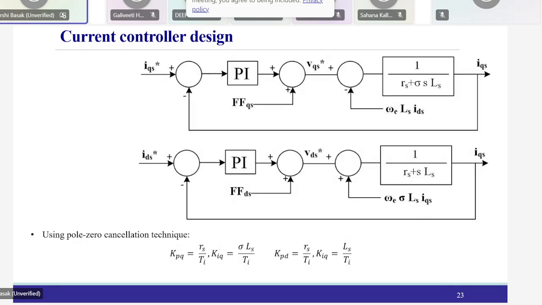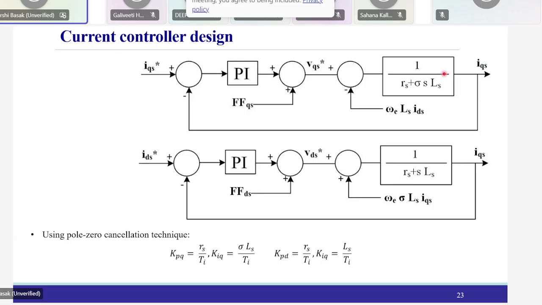And now we try to see the current control loops. Okay. If we adopt this current controller, you take IQS reference, you take the feedback from IQS, you apply a PI, you put the feed forward term FFQ, and then you have the VQS reference, and minus omega into LS into IDS actually will give you the transfer function.